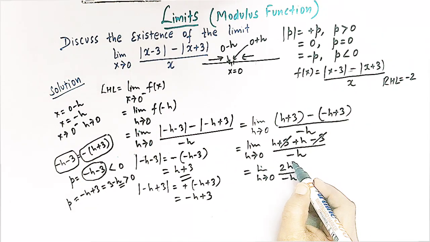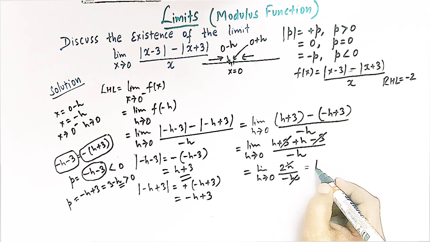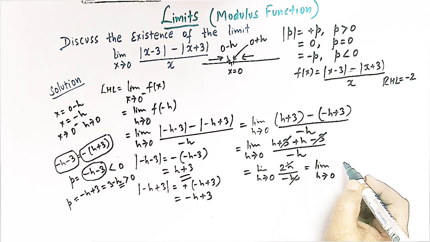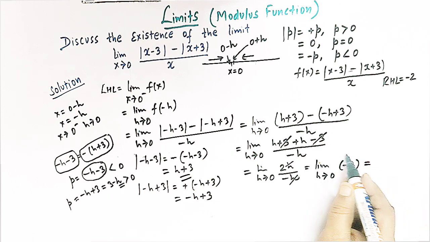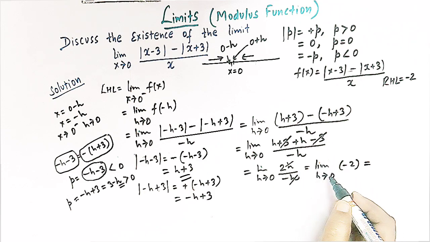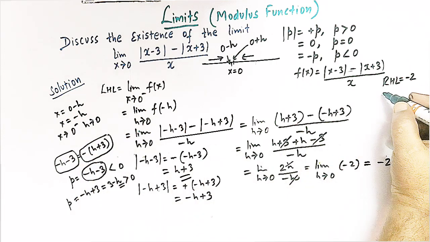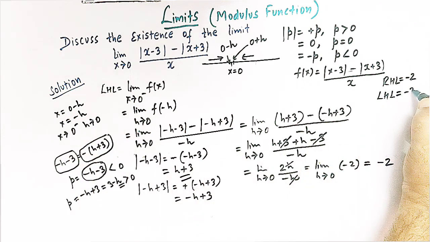So now this h and this h get cancelled, and we are left with limit h tends to 0, and here we have -2, right? And since this expression is independent of h, we can leave this limit notation. So we have simply -2. So we can see that the left hand limit is equal to -2.